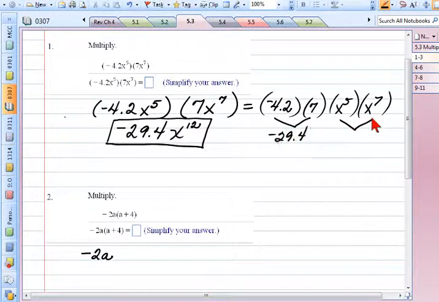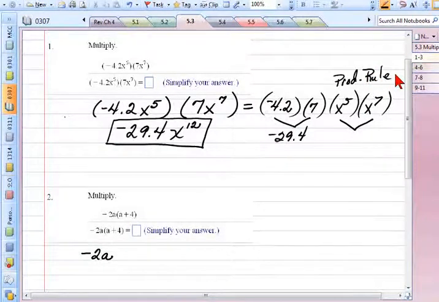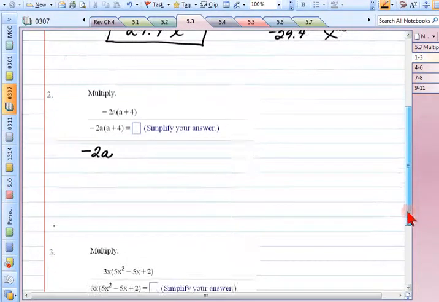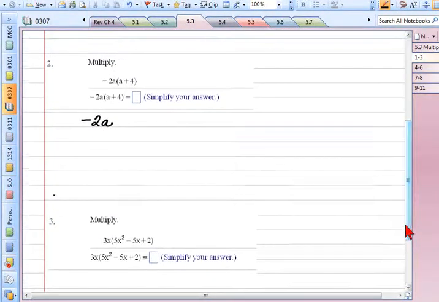If I multiply these, I have to use the product rule. And what does the product rule say to do with the 5 and the 7? Add them. X to the 12th. Okay? We'll do lots of multiplication before the rest of the class is over.